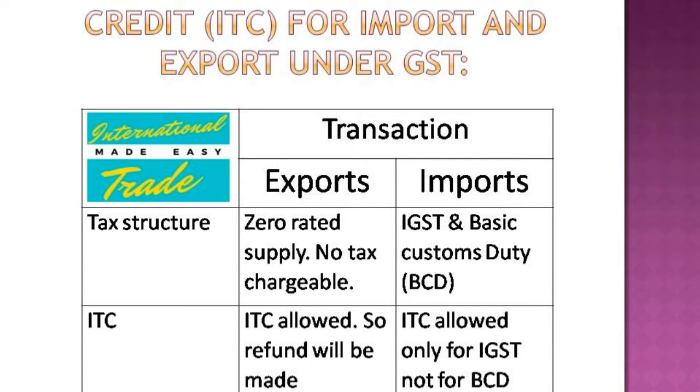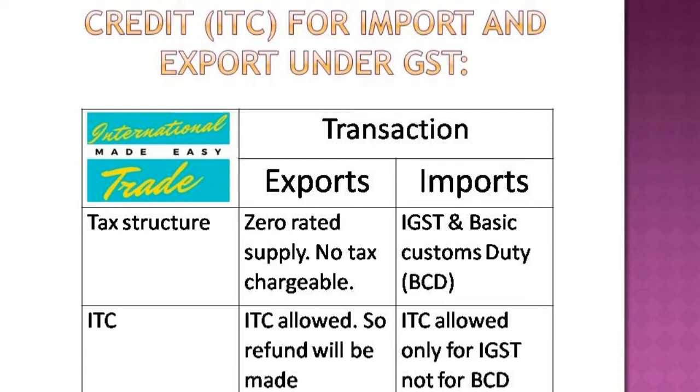In this table, you can see the tax structure and input tax credit or ITC in the case of imports and exports of goods and services under GST. As you can see, if the transaction is exports, the tax structure is zero rated supply and therefore no tax is chargeable. However, in the case of imports, IGST and basic customs duty or BCD is payable by the importer.